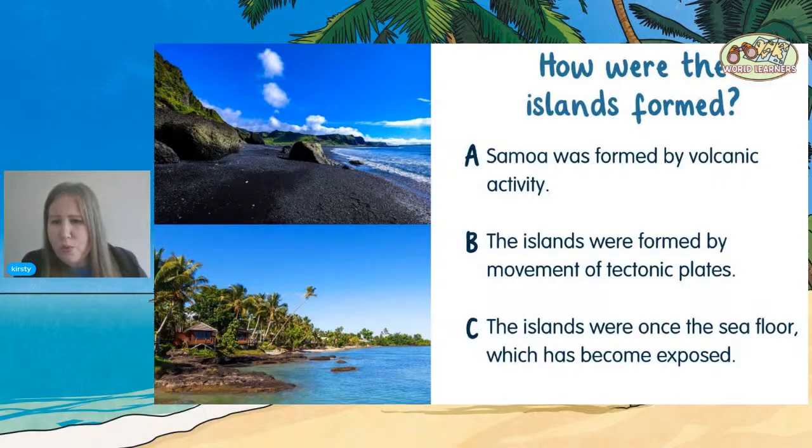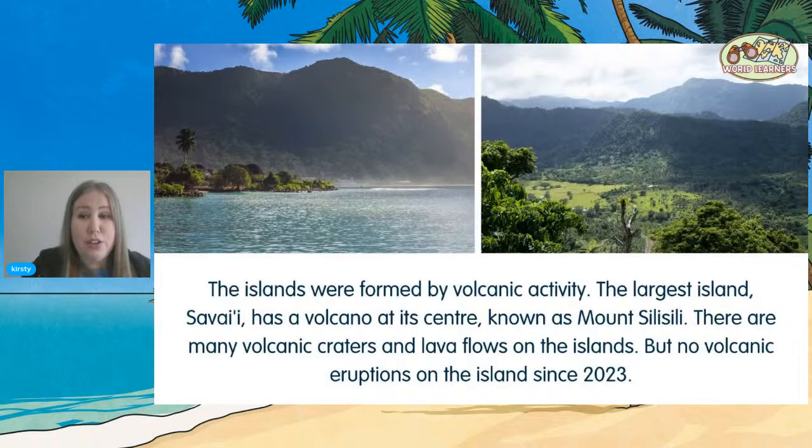Right, we're going with a bit of a mixture, but mostly A's. We think Samoa was formed by volcanic activity. Yes, Connie, does it still have an active volcano? Good question. You're spot on if you thought it was A. The islands were formed by volcanic activity.